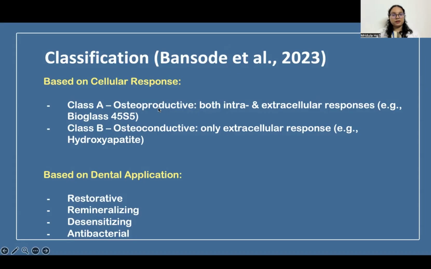An example is Bioglass 45S5. In class B, osteoconductive, they are able to produce only the extracellular response. An example is hydroxyapatite. And based on dental application, they can be classified as restorative material, remineralizing, desensitizing, and antibacterial.